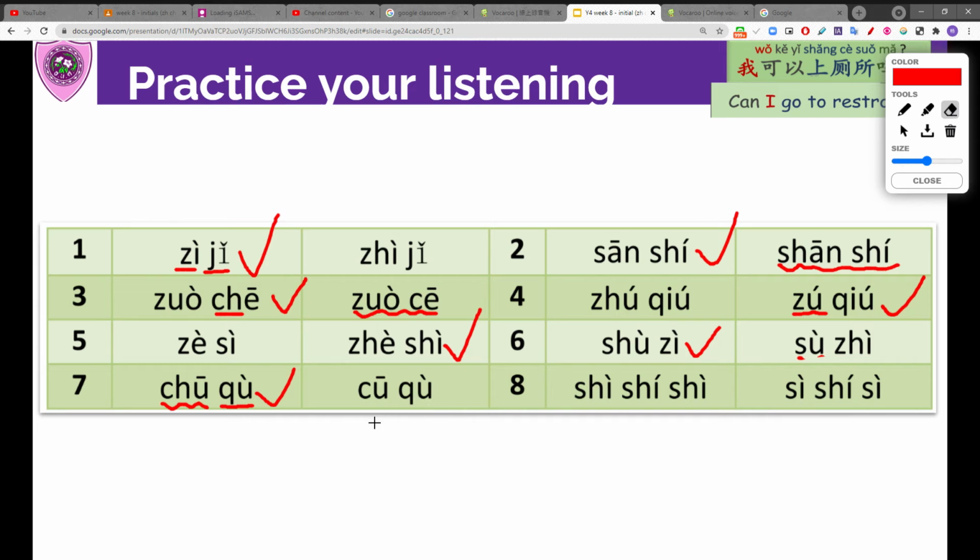Let's continue. Number 8, the last one. Which one is the pinyin of this? Do you hear that I roll up my tongue on some of the pinyin here? So the answer is this one on the right side. If I was saying this other word here, it's very different.